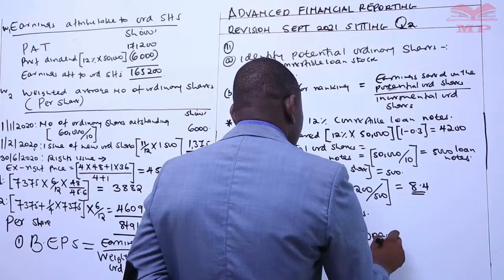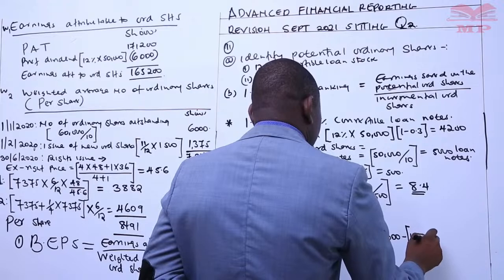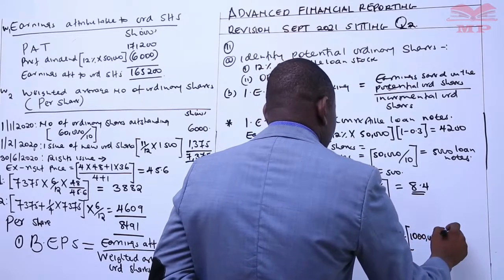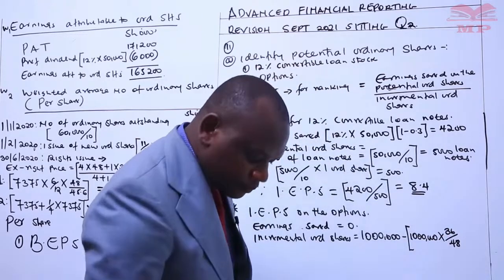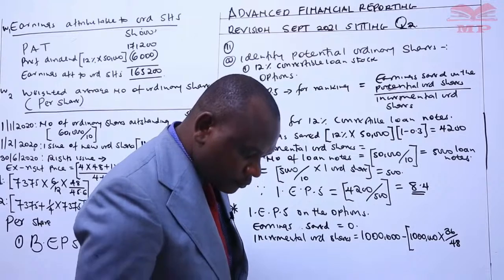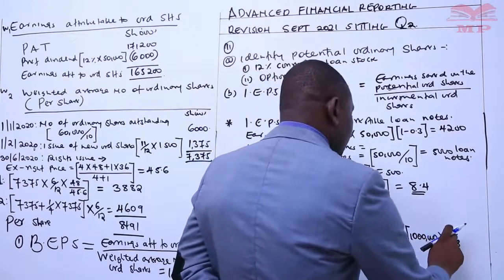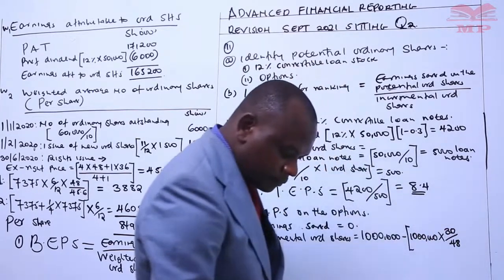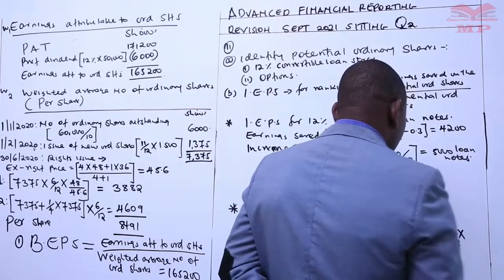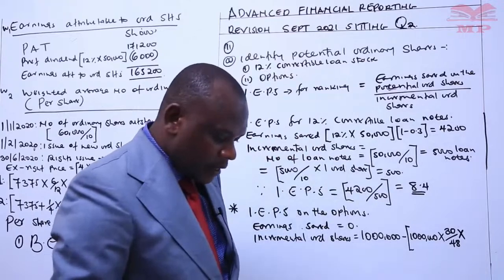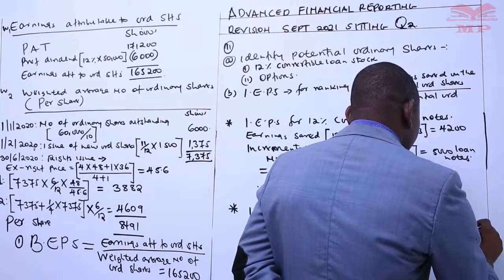1 million options minus 1 million options times exercise price over fair value, it was 30, not 36, times the duration that we're going to have these employees in the company, that is 3/12.